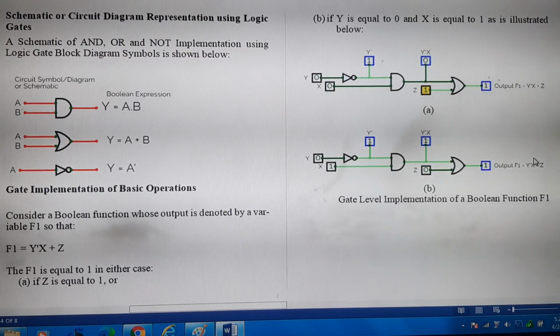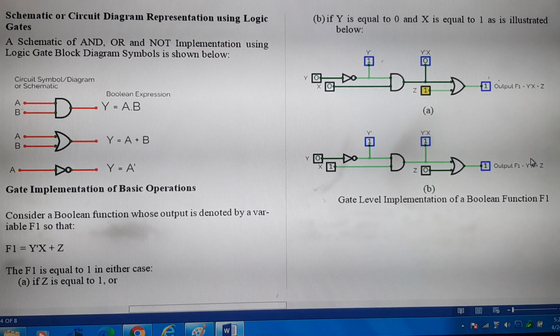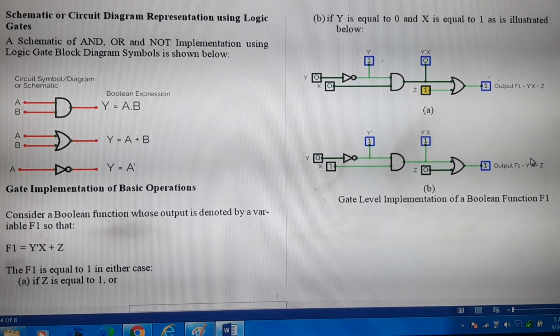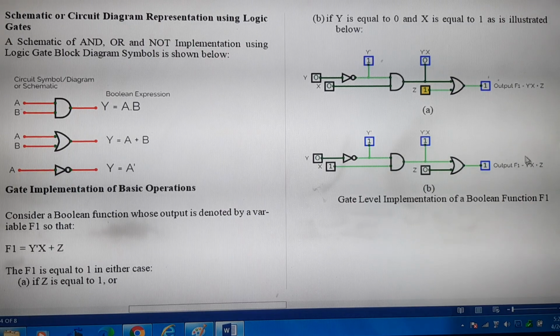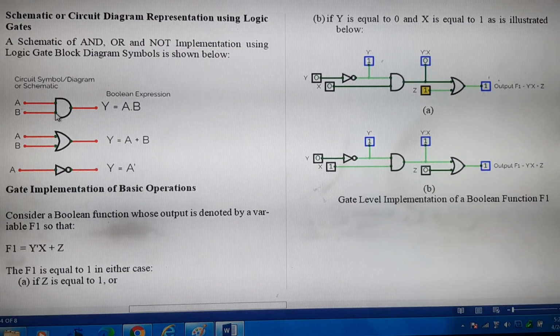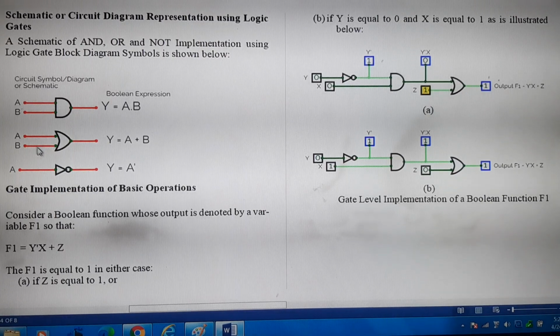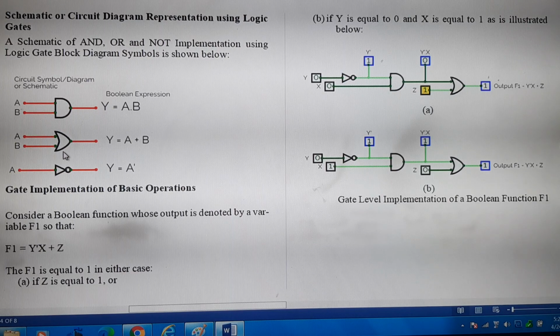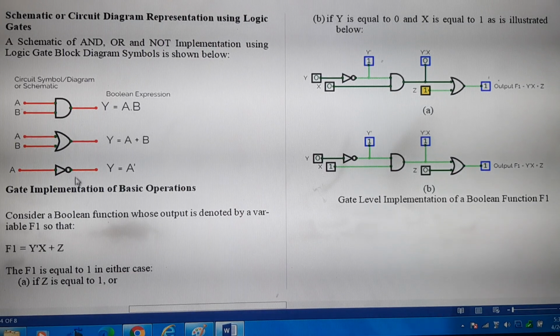Now we will discuss the schematic or circuit diagram representation using logic gates. This is the block symbol for logic AND gate. This is the block symbol for logic OR gate. This is the block symbol for logic NOT gate.